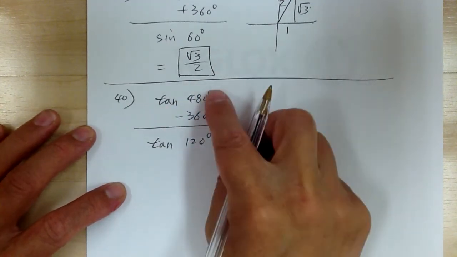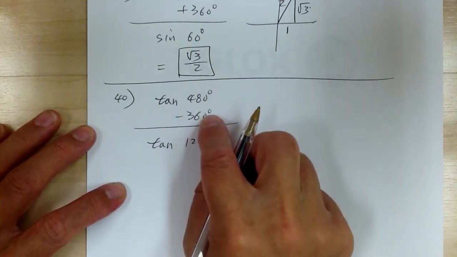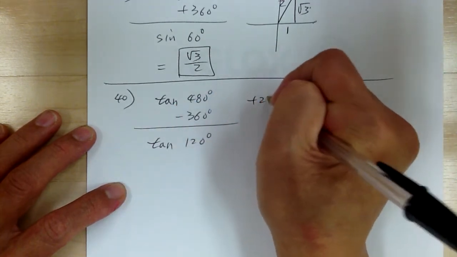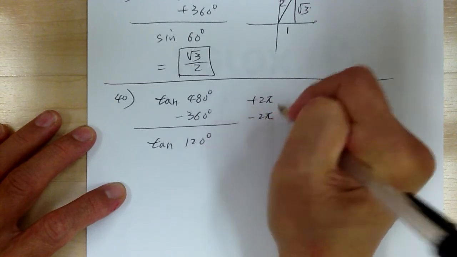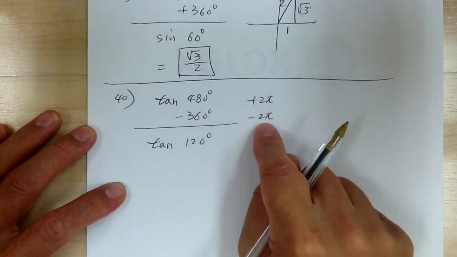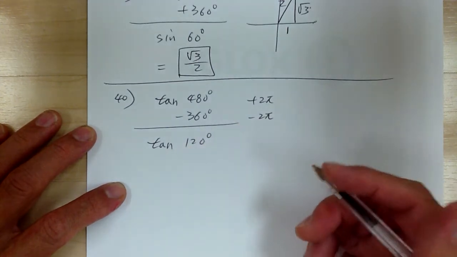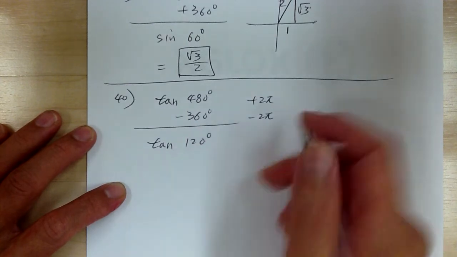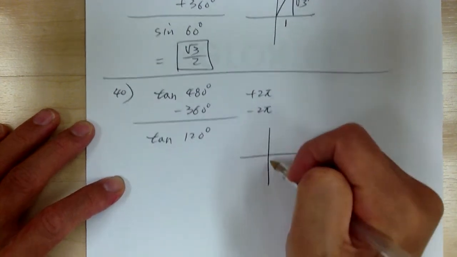Now, if it's radians, then you keep adding 2 pi or keep subtracting 2 pi, depending on the direction, to get to a nice angle. And if it's degrees, you keep adding or minus 360 to get a nice angle, so it's easier to figure out.